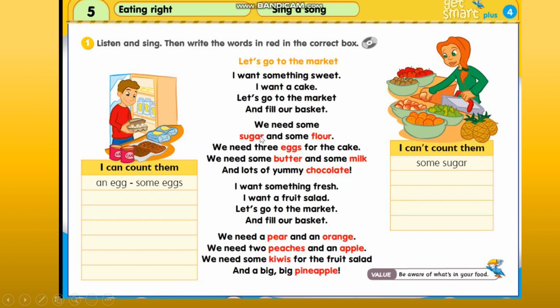For example, sugar is uncountable, so we can use some sugar. Flour is uncountable, so we can use some flour. Eggs are countable, so it can be an egg for one or some eggs for many eggs. And then so on and so forth, continue with the red words in the correct box.